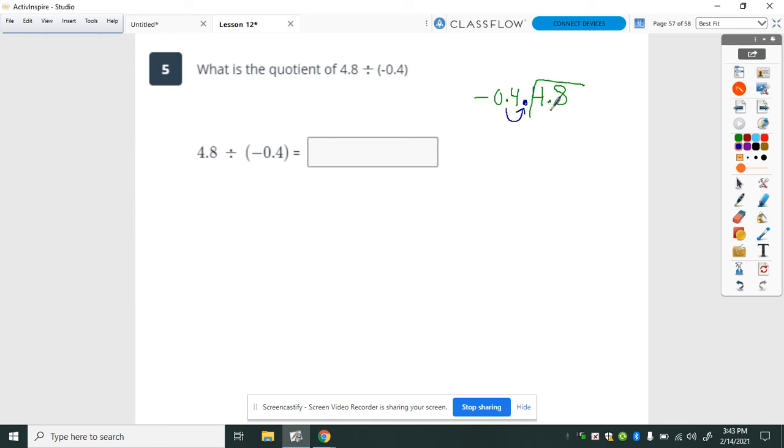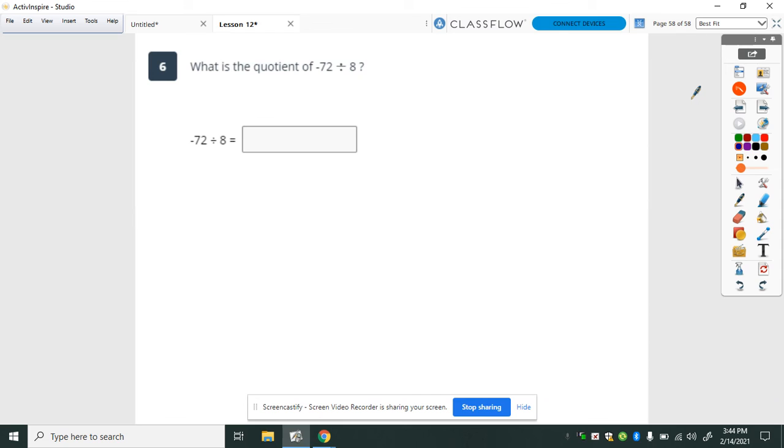If we move it over one space here, we need to move it over one space here. So our new division sentence is 48 divided by -4. A positive divided by a negative means our answer is going to be negative. Finish solving the problem. Pause this video and answer 5 in Edulastic.